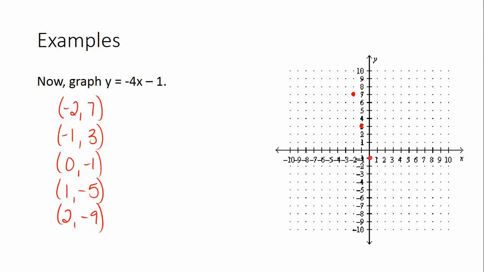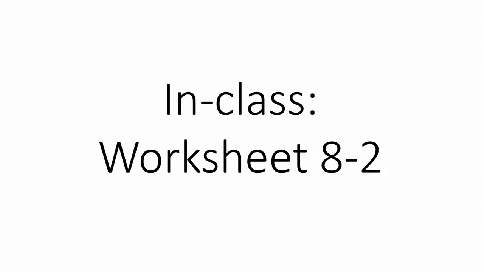Then 0, -1; 1, -5; 2, -9. And we're going to connect the dots. Try to draw as straight a line as possible. If you want to use a ruler or a folder or a notebook to make a straight edge, that's fine. So there you go. Now you can graph linear functions by making a table of values. And in class we'll work on worksheet 8 too.